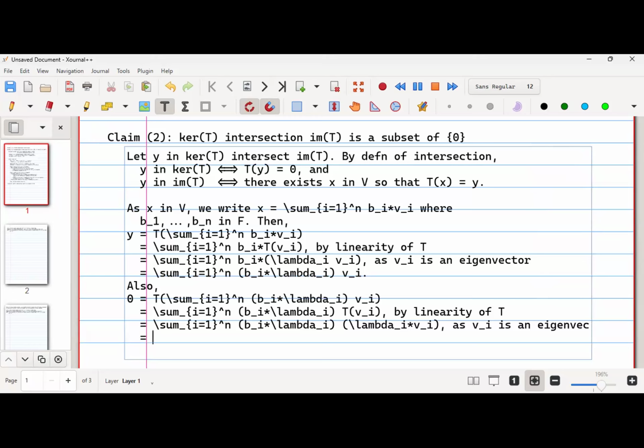And then finally, using associativity and a bit of algebra, we can just pack this in as b_i times lambda_i squared.